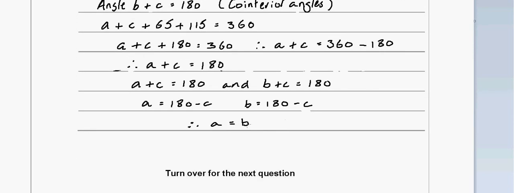Okay, so we've proven it because A equals 180 minus C and B equals 180 minus C, so A must equal B.